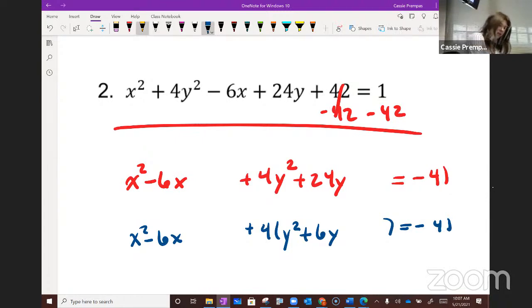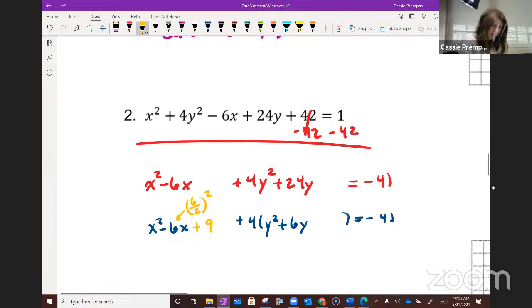Now, looking at the x's, if I'm completing the square, I take half of 6, which is 3, and square it. So 3 squared is 9. What do I have to add to the other side of the equation? 9, good. Looking at the 6, I'll take again half of 6, which is 3, and square it, which again is 9. But what do I need to add to the other side of the equation? 36.